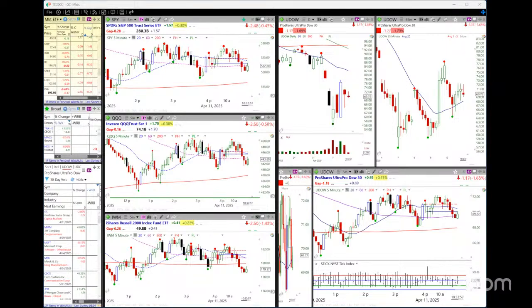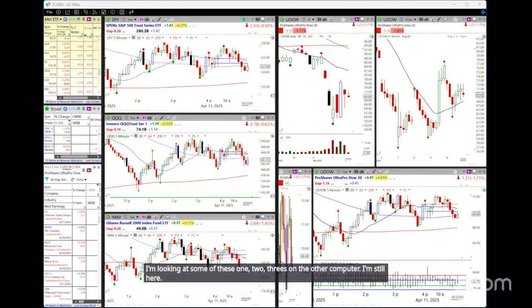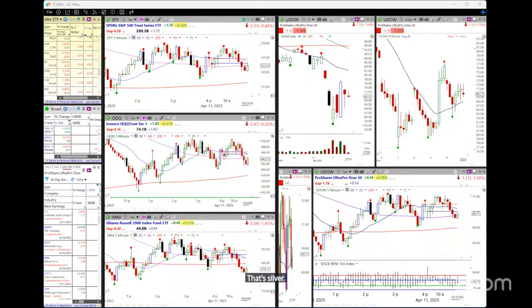I'm looking at some of these 123s on the other computer. I'm still here. That silver had a nice move. We were talking about it the other day, the SLV. Man, up 3 straight days from when we talked about it.